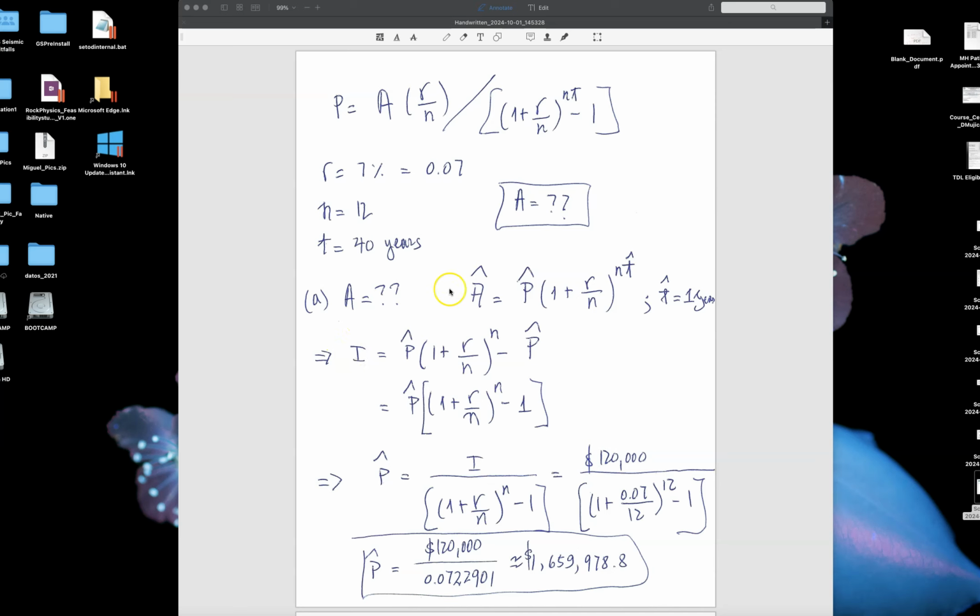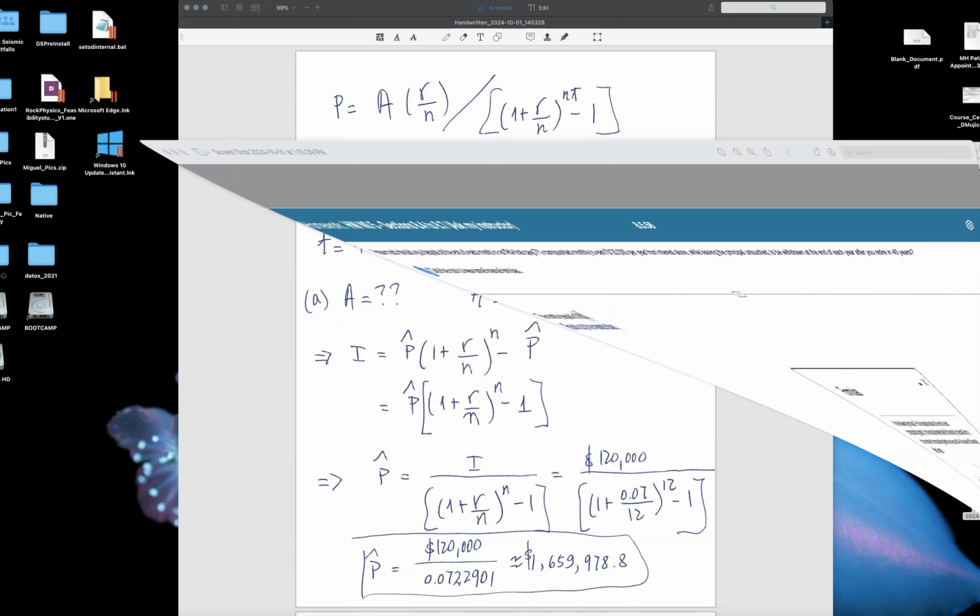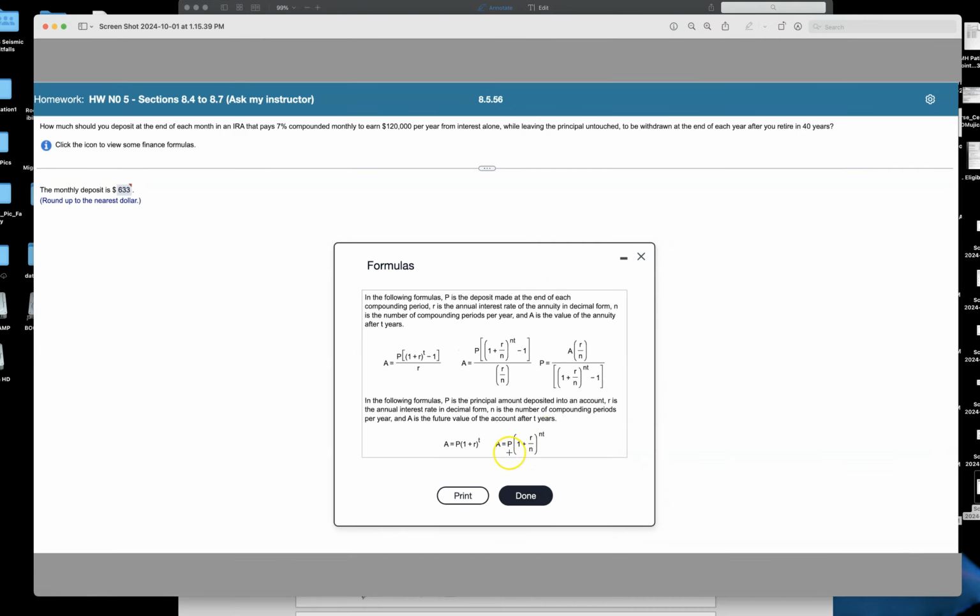So how can I compute the interest? If I put this principal in a compounded monthly transaction for only 1 year, it is going to produce at the end of the year all this amount. This is coming from the theory, from here.